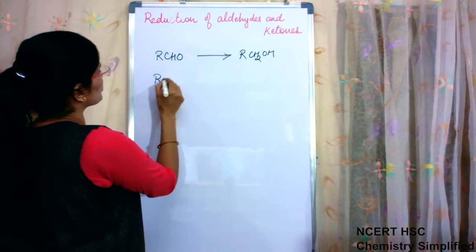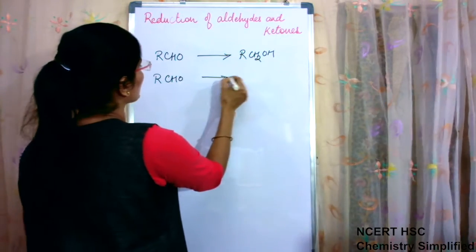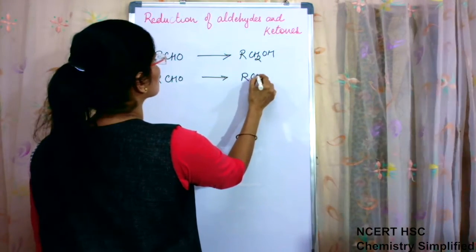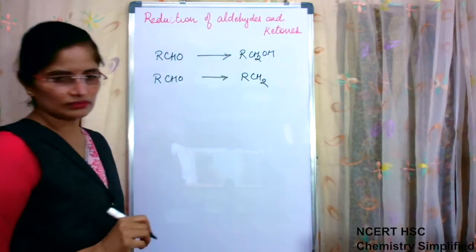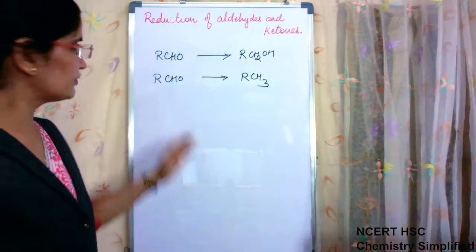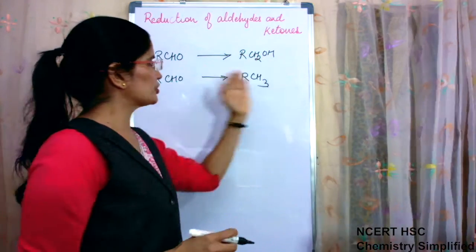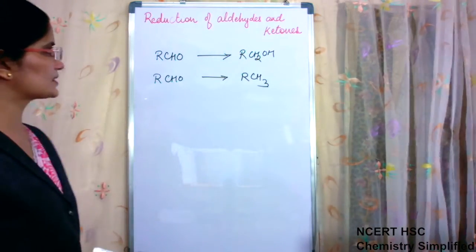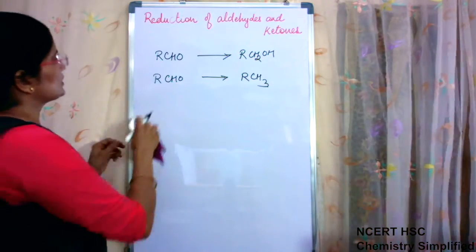Also we can reduce aldehydes to alkanes. So either we reduce them to alcohol or we reduce them to alkanes. Now we will see the methods for these reductions.